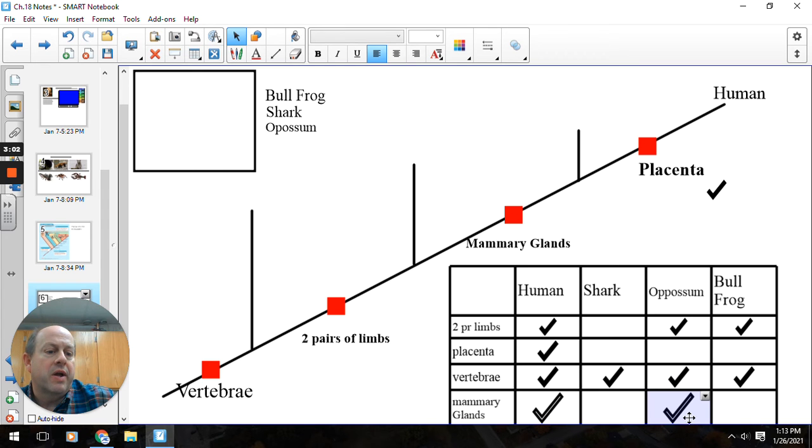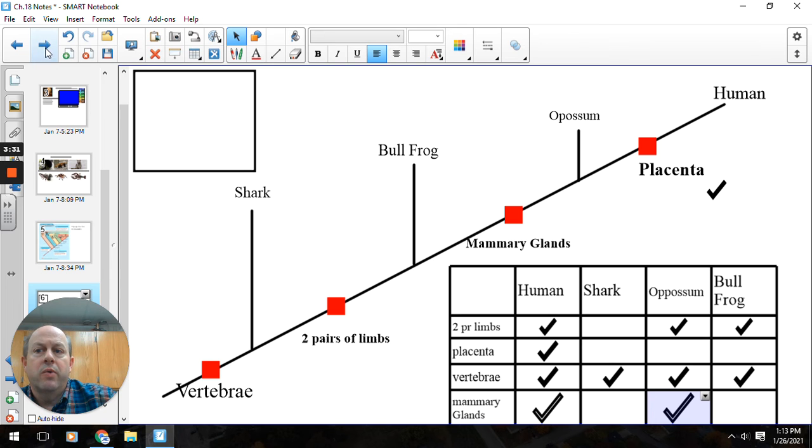Our possum has the three checks, but not one for the placenta. This animal here is going to have two pairs of limbs and vertebrae, but not mammary glands or placenta, so that's going to have to be the bullfrog because it has two checks in those spots. And then the shark only has vertebrae, but not these other three traits. That lines up with our data table, and so what we have here is our finished phylogenetic tree or cladogram.